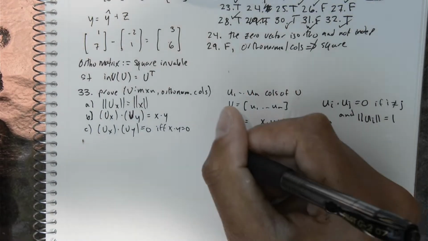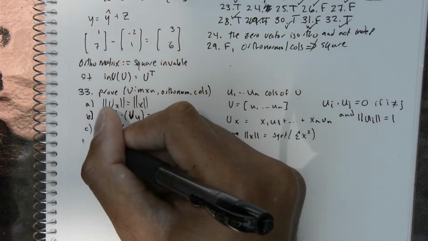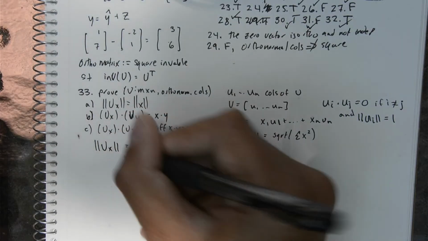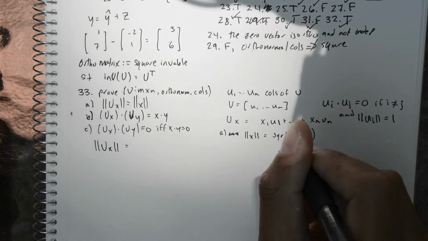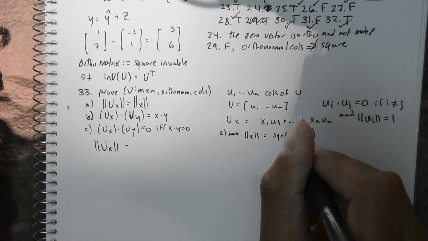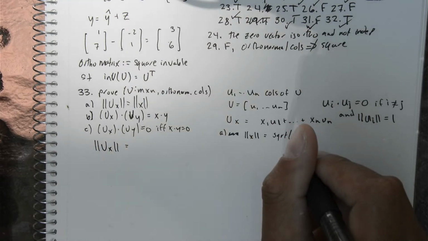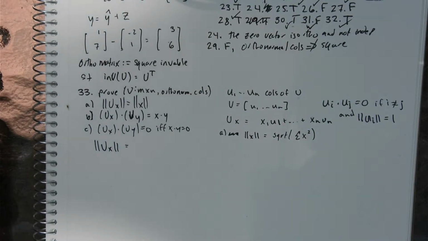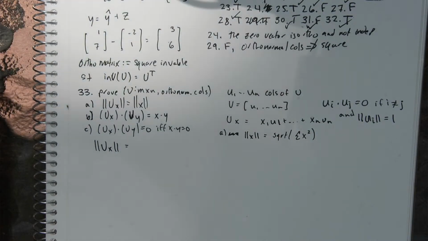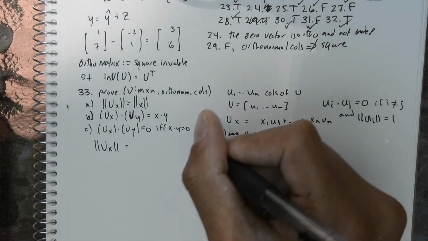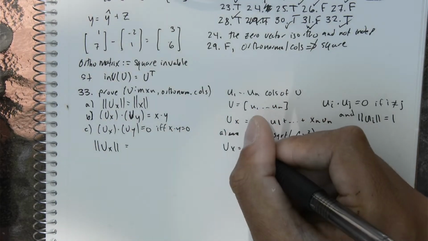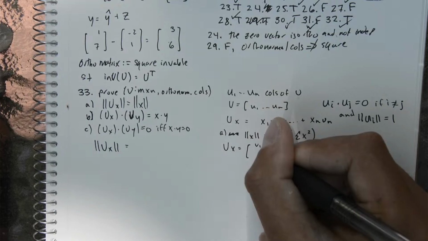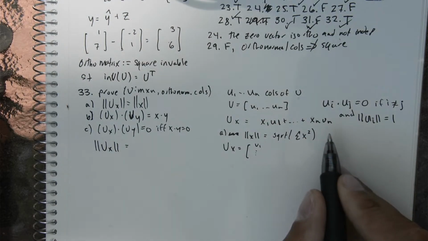So the norm of Ux is going to be equal to... wait. So let's say Ux is equal to v1 through vn.